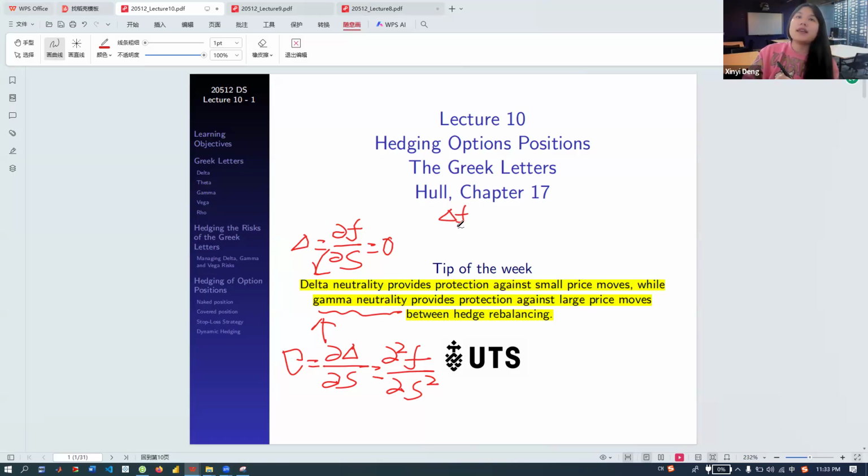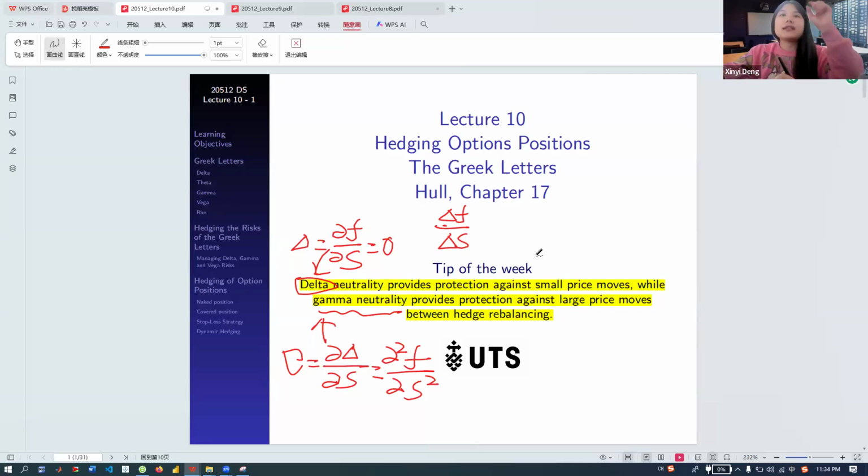This delta here is different from that delta: this delta sign just represents that we are taking a difference. So delta F is the difference in F, and we look at delta F divided by delta S.